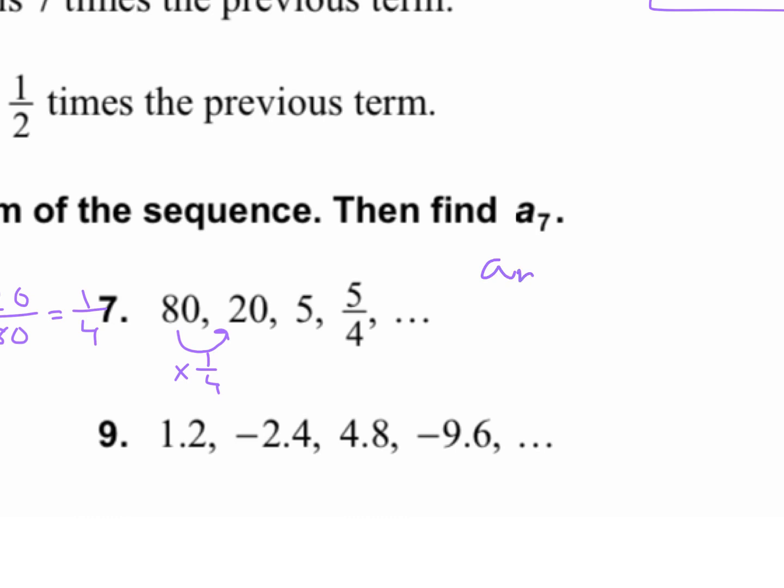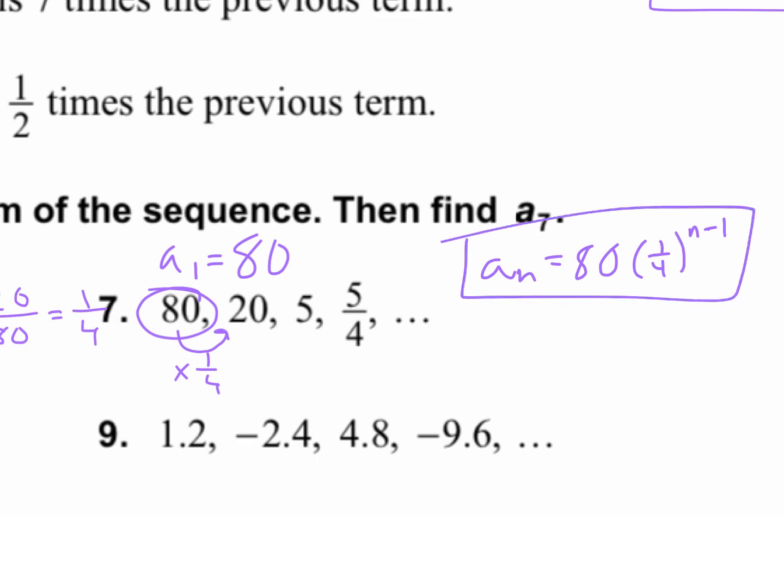So A sub n is equal to, what's our first term? What's A sub 1? 80. It's right here. Always the first one on the list. So 80 times 1/4 to the power of n minus 1. So this is our rule. And then it asks us to find A sub 7.